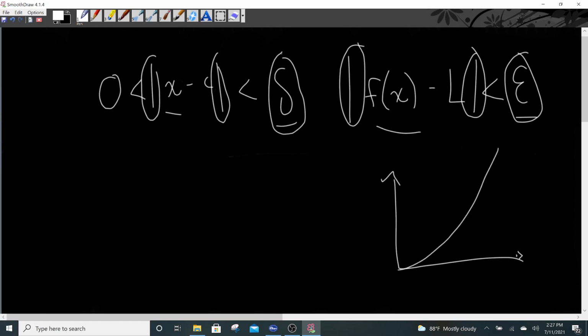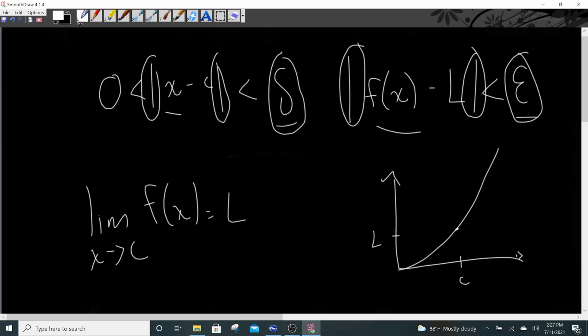We're just going to do that. And we're going to say that this x value is c. So right there, that'll be c. And that y value for that point would be L, because we're saying that the limit as x approaches c of f of x is equal to L.